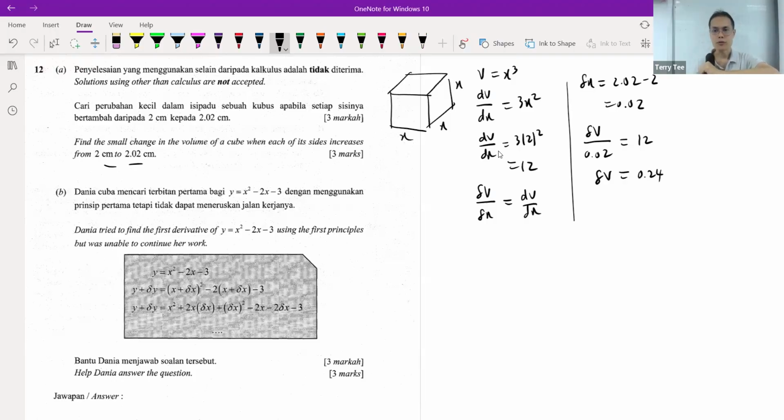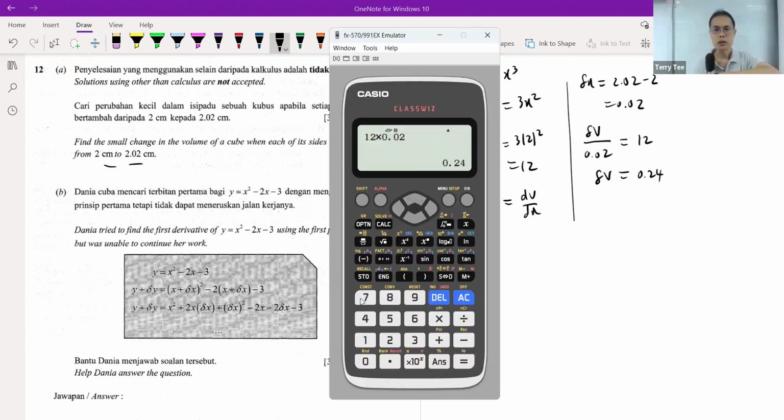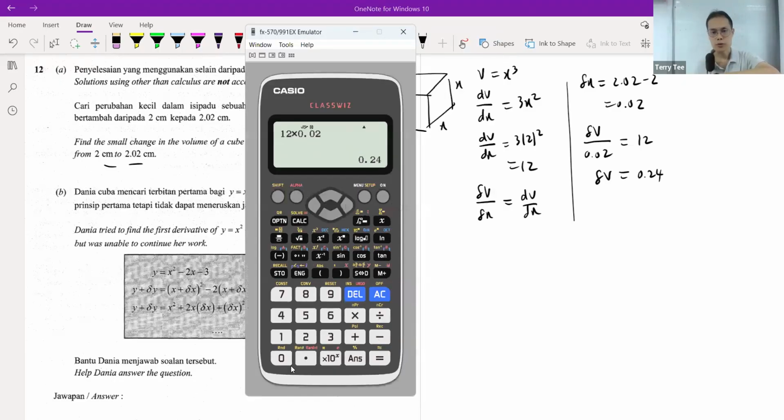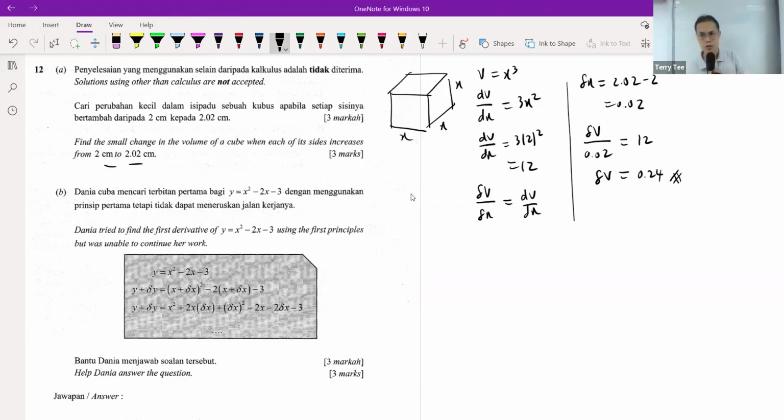The change in the volume is just 0.24. You can use your calculator to validate. We know initially it is 2, then it goes to 2.02. So 2.02 cubed, right? You type shift cube, you minus 2 cubed. 2 cubed is just 8. Your answer is 0.242408.